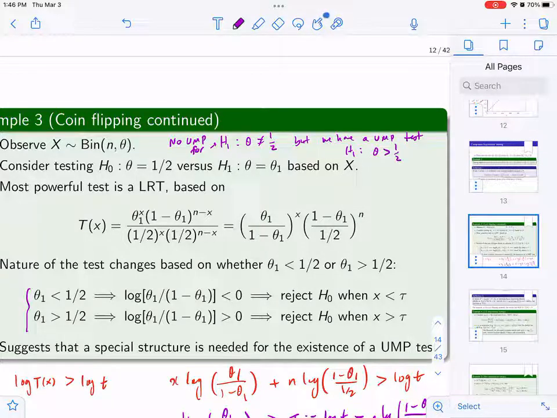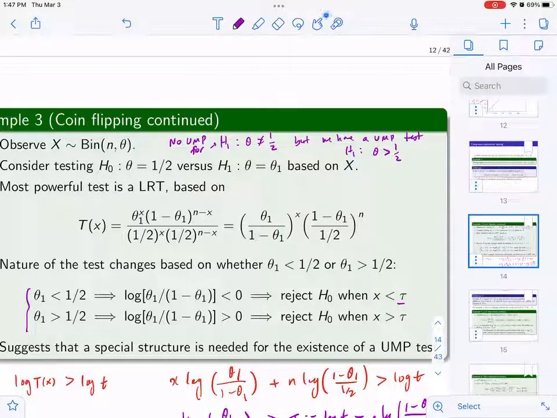If my alternative is something like that, you can see that this threshold is not going to depend on theta 1. When I set this threshold, I'm just going to use the null distribution. So I go under the null, and the probability under the null is equal to alpha. That sets the threshold, and it doesn't have anything to do with theta 1. So I have a test which is perfectly defined based on the null, and it's most powerful for any theta 1 bigger than, but this is less than 1/2.